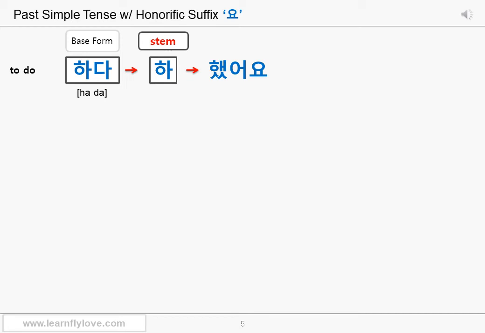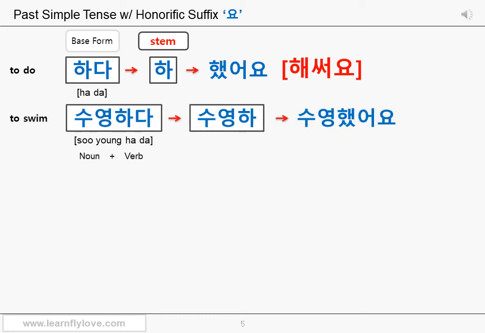Now let's see some examples with 하다. 하다 turns into 해요 in the present simple tense, right? In the past simple tense, it turns into 했어요. You can simply think the entire 하다 part turns into 했어요. The base form of the verb to swim in Korean is 수영하다.